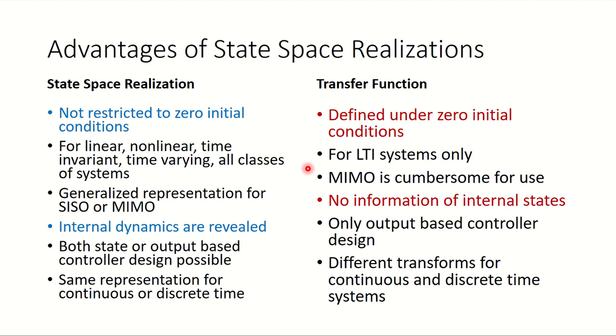However, we do the entire analysis in the frequency domain when we look for transfer function models. We don't need to do that for state space relations because they are models in time domain. So direct understanding of the behavior of the system in time domain takes place. We don't need to go to frequency domain and come back to time domain.